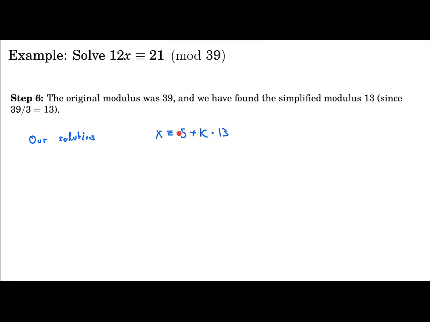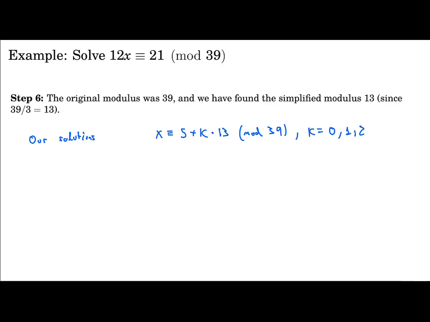And then we add multiples of 13, mod 39. And we can add at most 3 of them, because when we pass, we're just going to go back around the clock. So this will be for k equal to 0, 1, and 2.